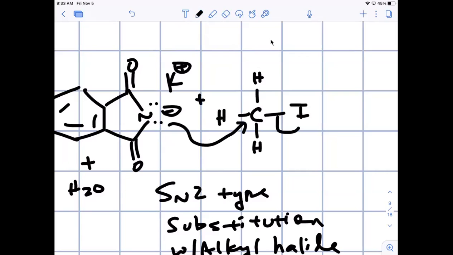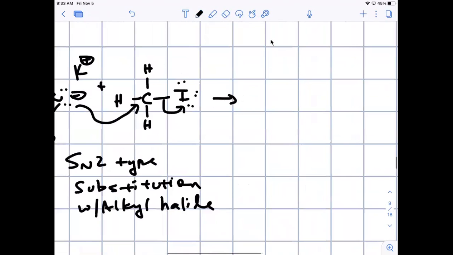This is gonna attack here, kick off iodine. So now you have an alkyl group on your amine, or on your nitrogen. So that's that.